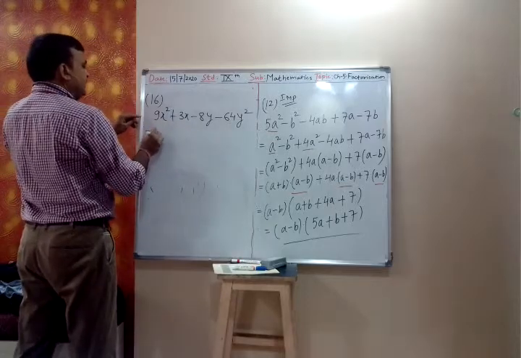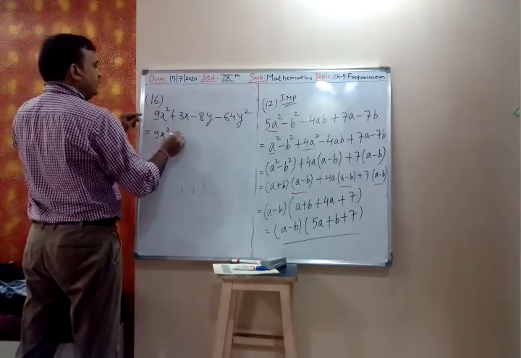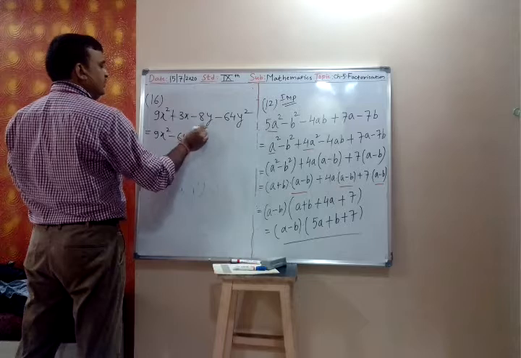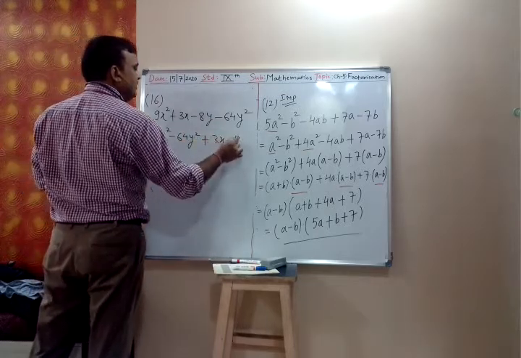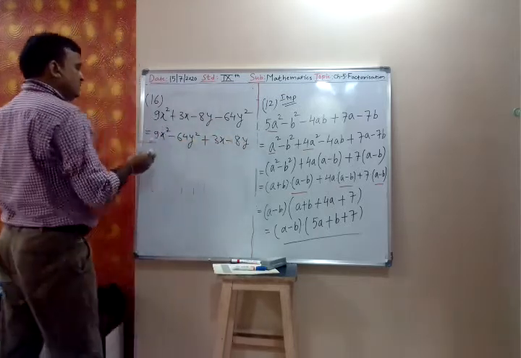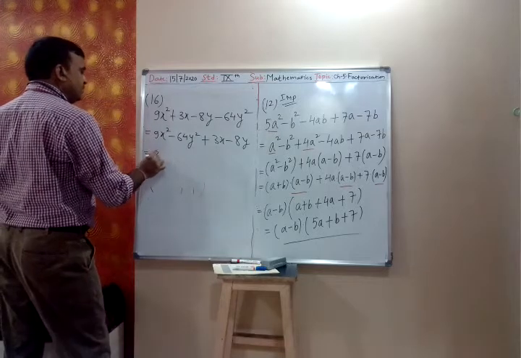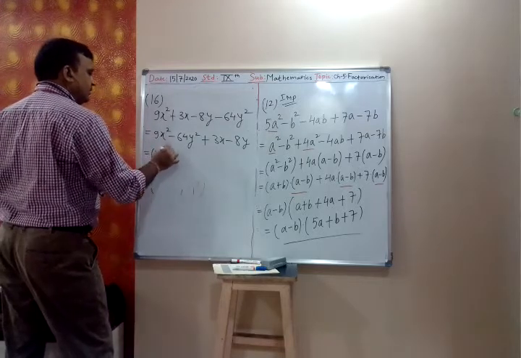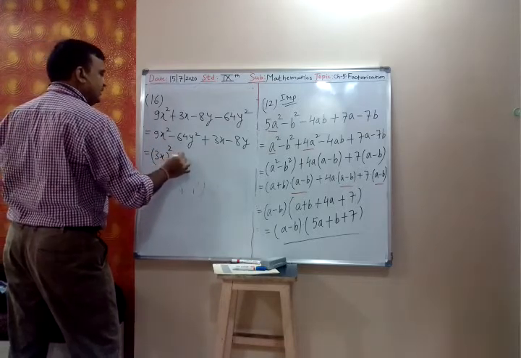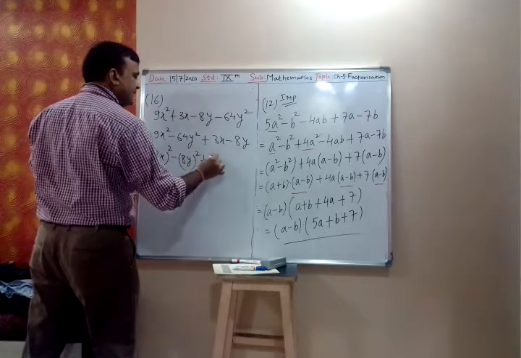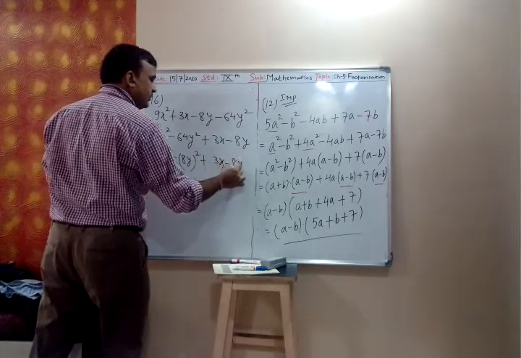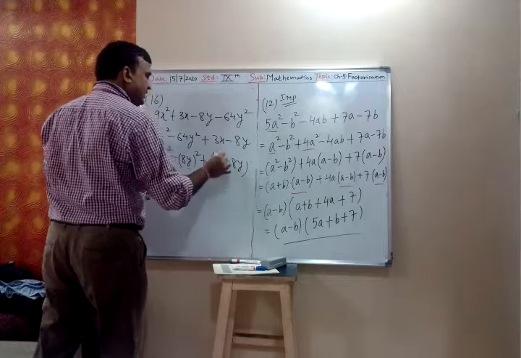We take 9x square minus 64y square together. These two I will take together, plus 3x minus 8y together. So 9x square I can write as 3x whole square, 64y square I can write as 8y whole square, plus 3x minus 8y. 3x minus 8y I will take together.